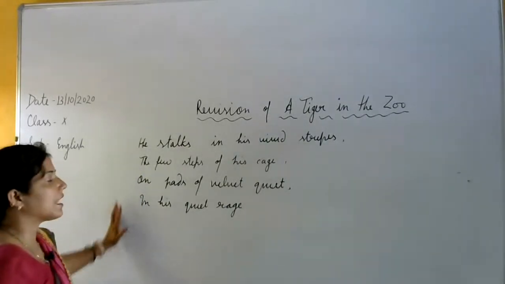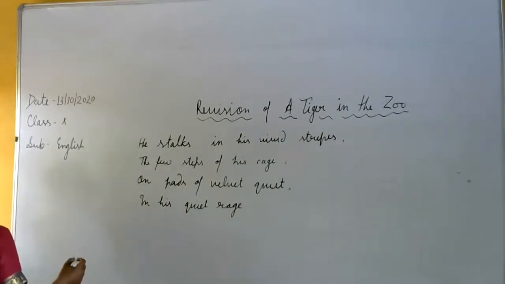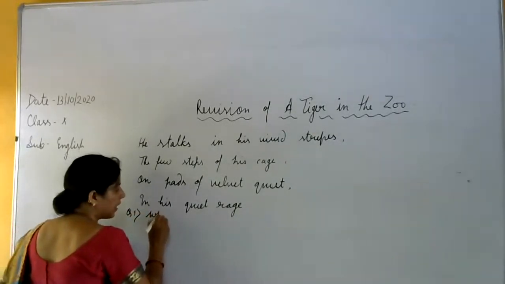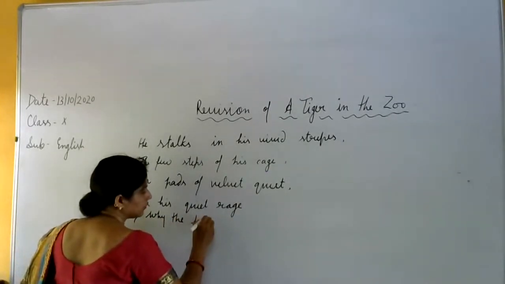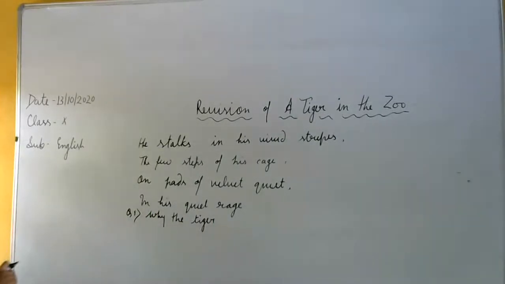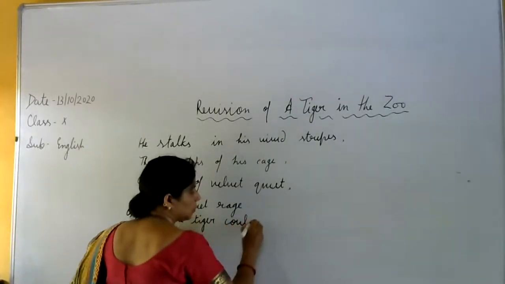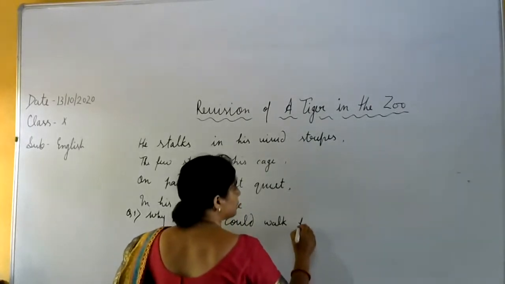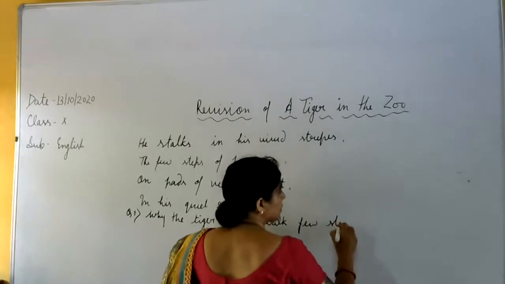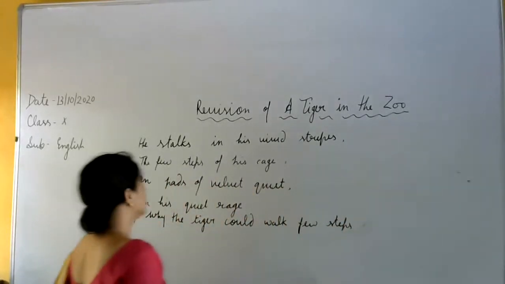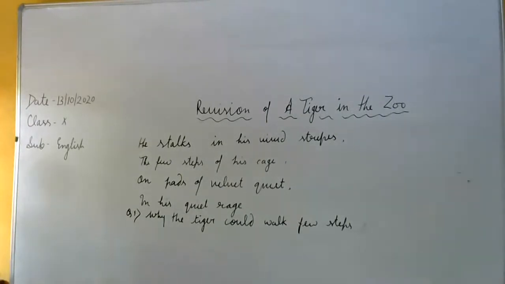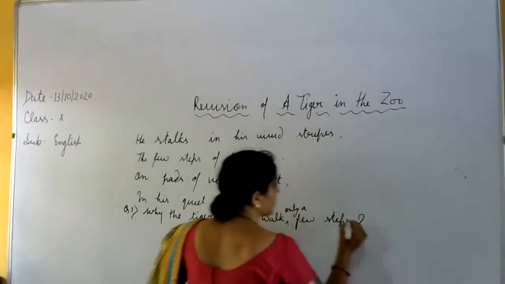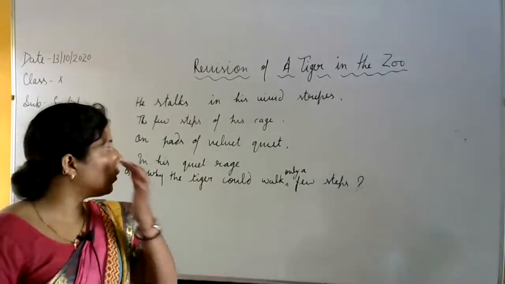Now the first question of this stanza: why could the tiger walk only a few steps? Why could he walk only a few steps in the cage?